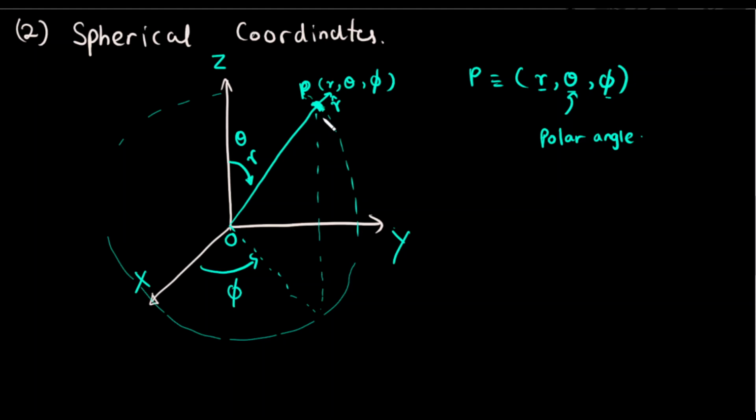So right now I'm going to say that this is my a vector. The a vector can be written in terms of r hat, theta hat and psi hat directions.